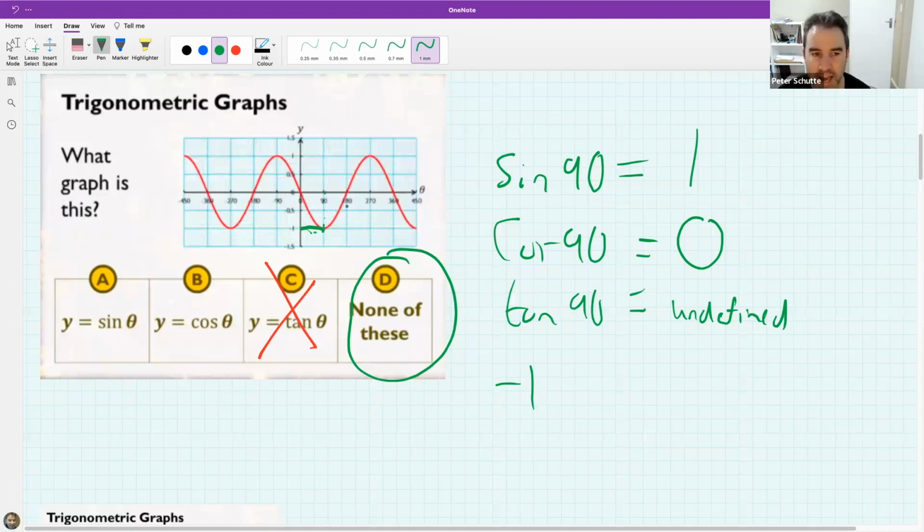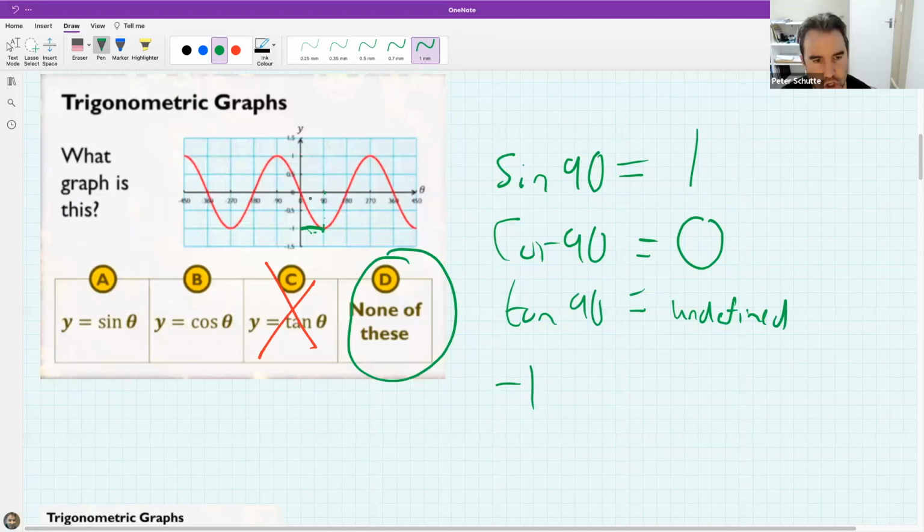And I just want to show you what the normal sine graph looks like. So let me make it like this, and like that.